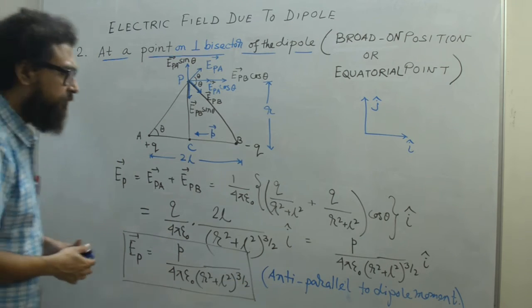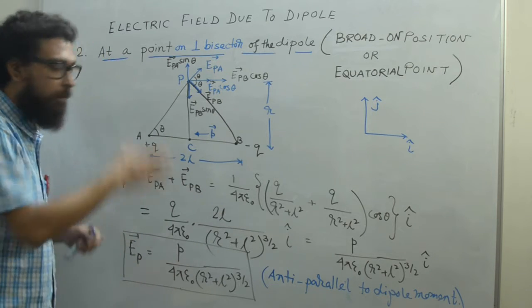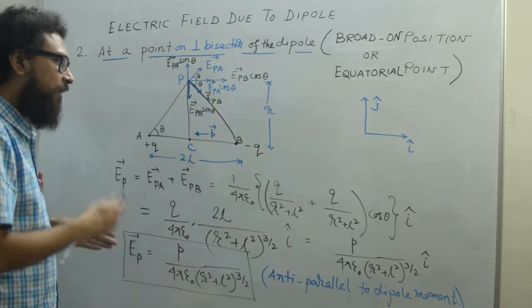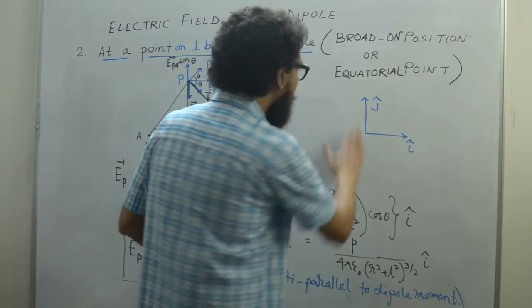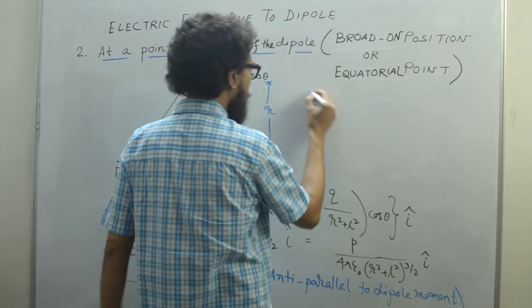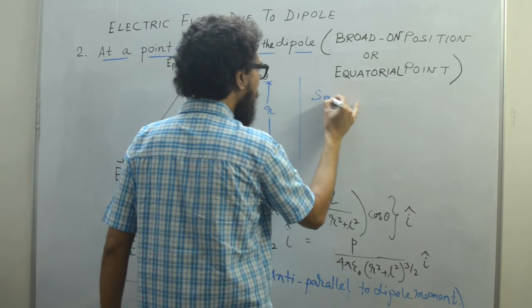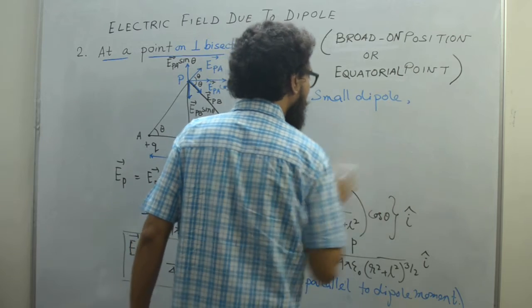Now similarly, in the last part also, what I explained to you right now, just previous to this, there also you can do this. Let me just write it here. Small dipole. Let's say we have small dipole. Now what does small dipole mean?